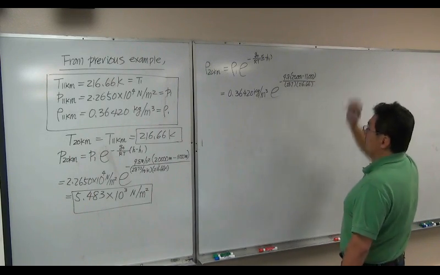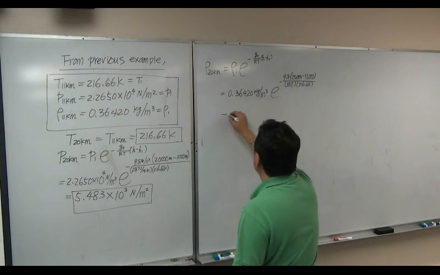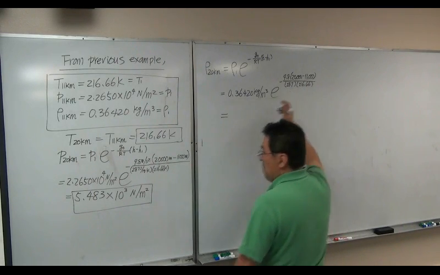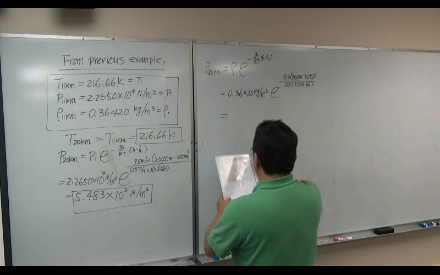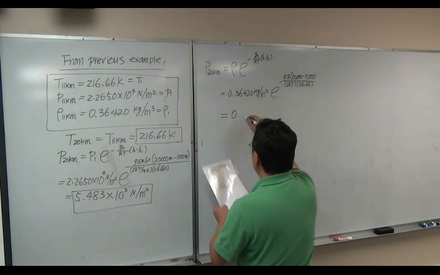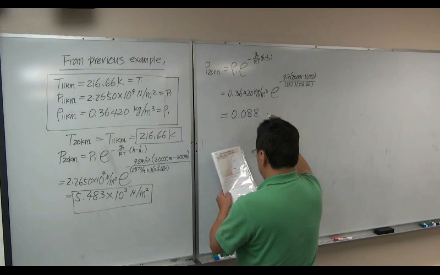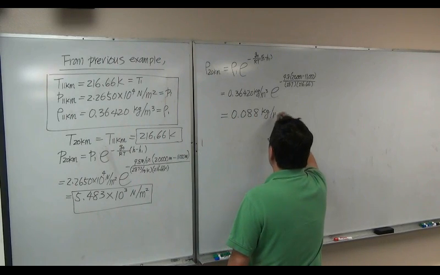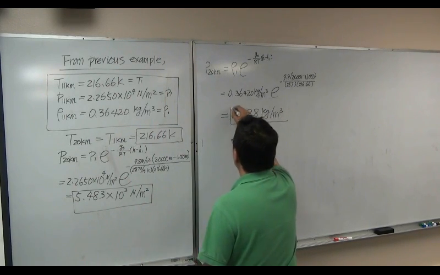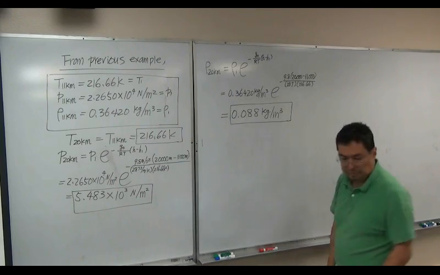Those are all standard units, okay? So it's just essentially the same thing. So this is going to give you 0.088 kilogram per cubic meter.